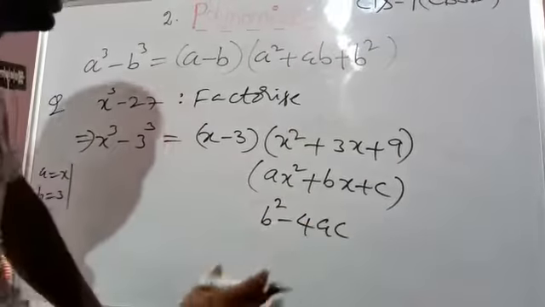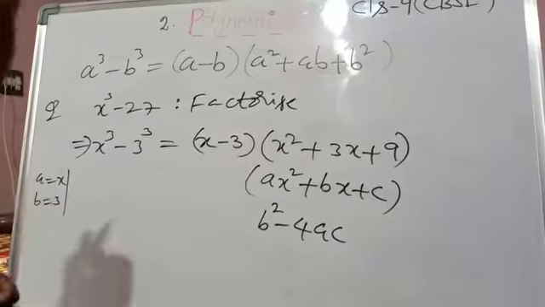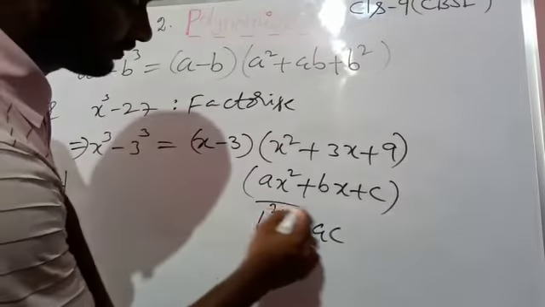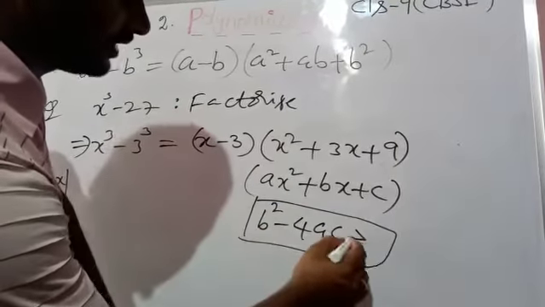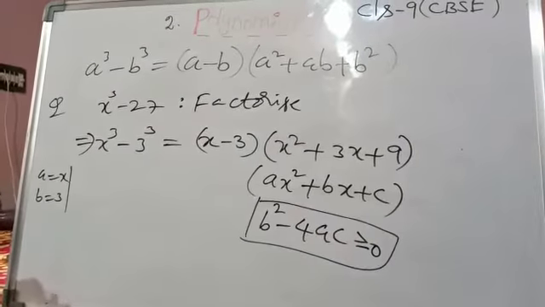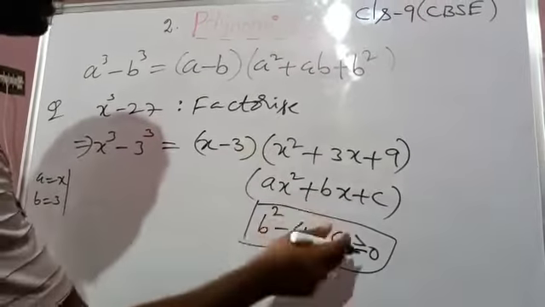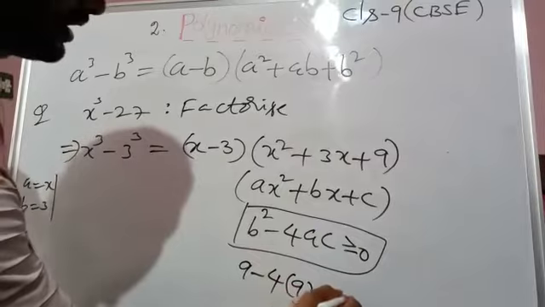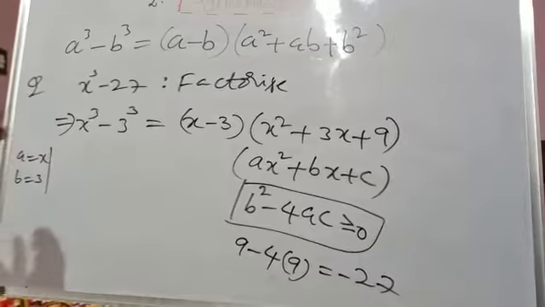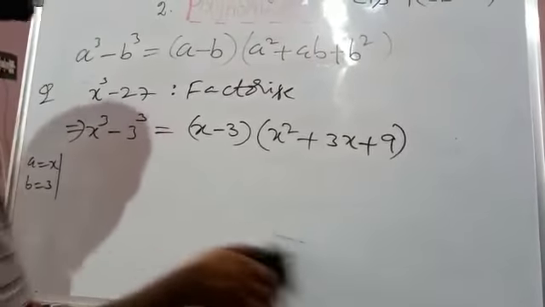If this value is greater than or equal to 0, then only we can split the quadratic polynomial. So if you see here, b square is 9 minus 4 into a, which is 1, and c, which is 9, that equals minus 27. So we cannot split this polynomial, students. The factorization of this polynomial is up to this only. This much only.